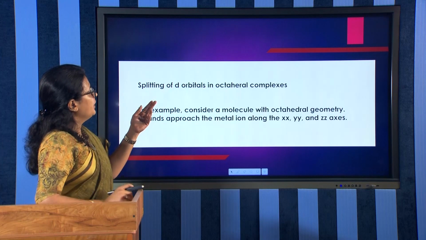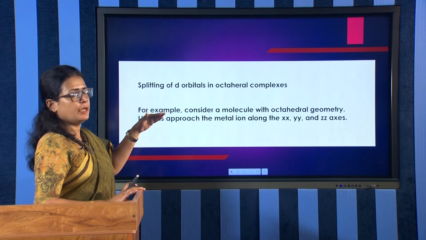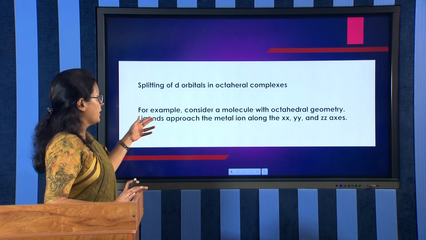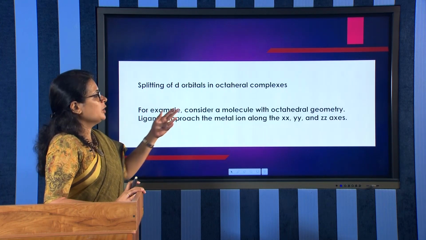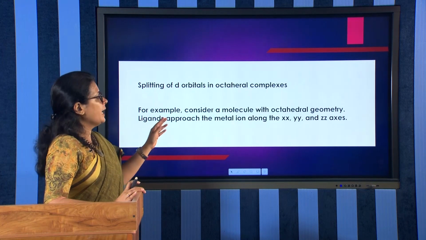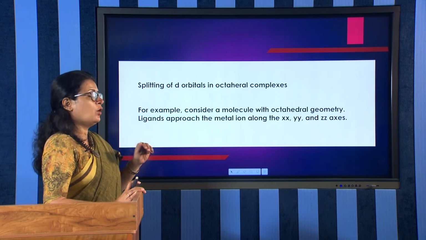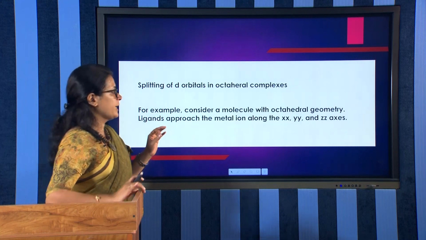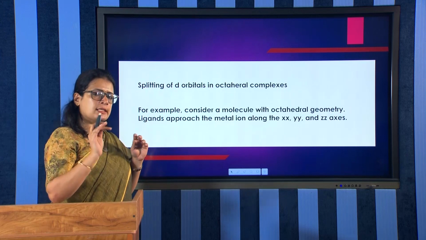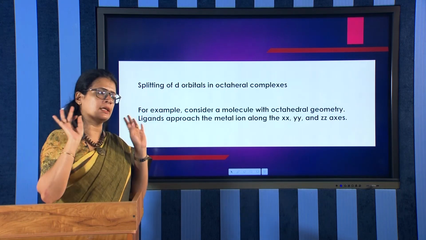And the splitting of d orbitals in octahedral complexes, you can understand in each step. For example, consider a molecule with octahedral geometry. The ligands are approaching the metal ion along the axes, that is along x axis, y axis and z axis.